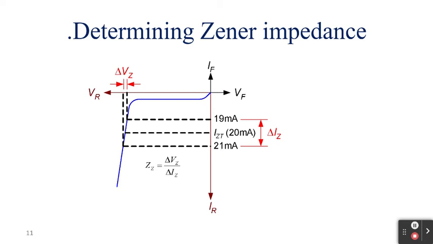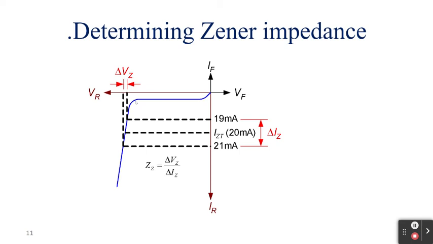Therefore, to get the delta IZ, all you have to do is get the difference between the 21 milliamperes and the 19. Let's suppose that this is the IZT, which is equal to 20 milliampere.